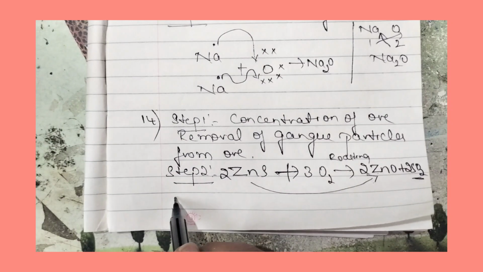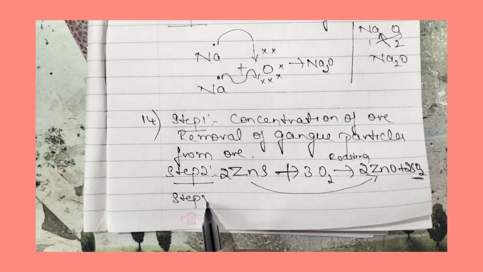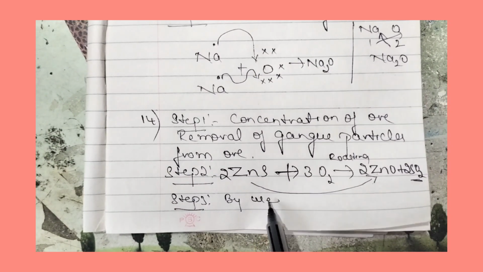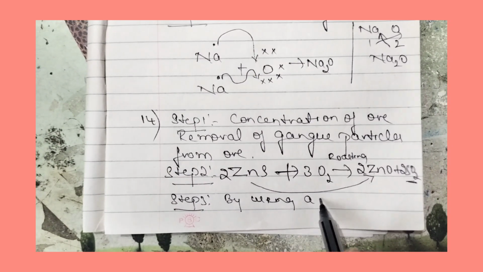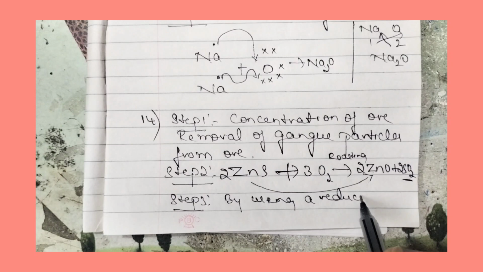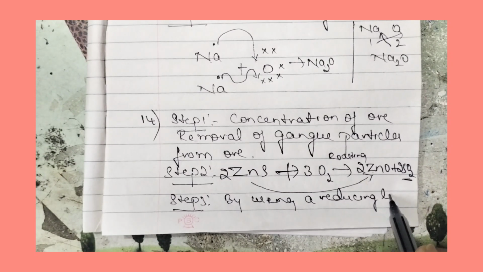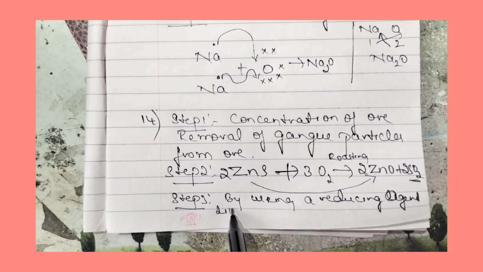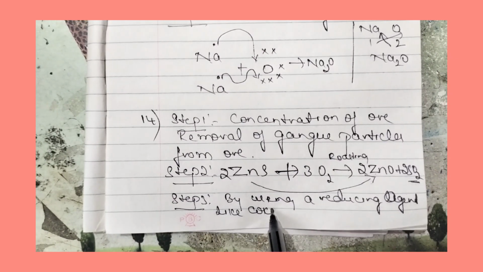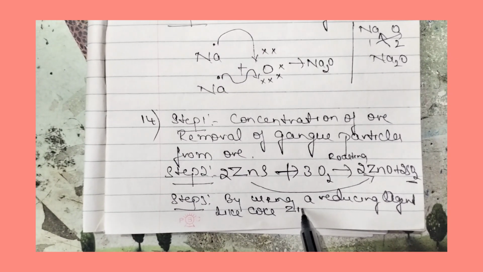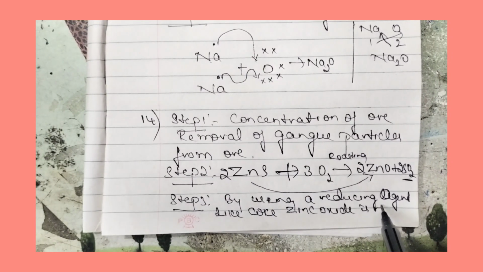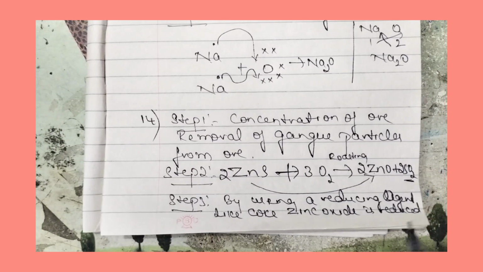That is step 2. Then step 3, by using a reducing agent like coke, zinc oxide is reduced to zinc.